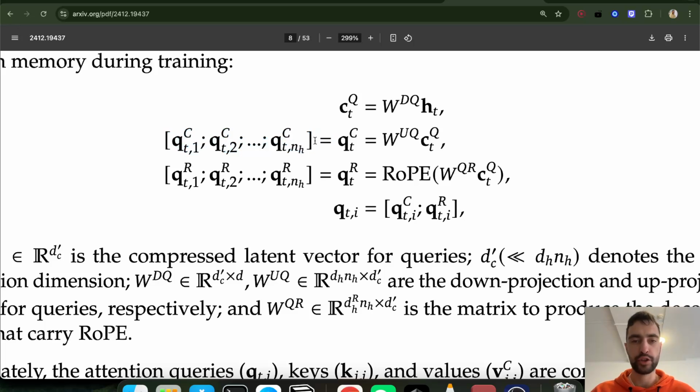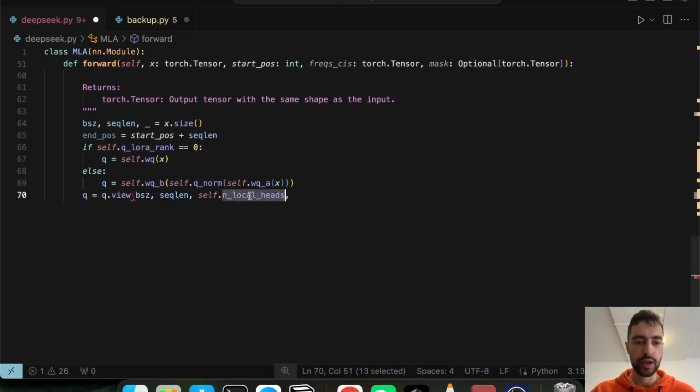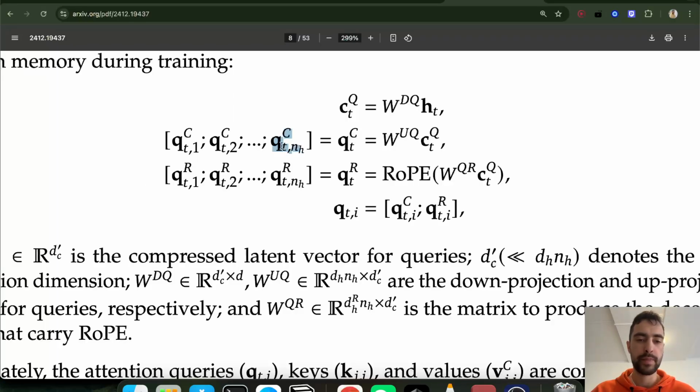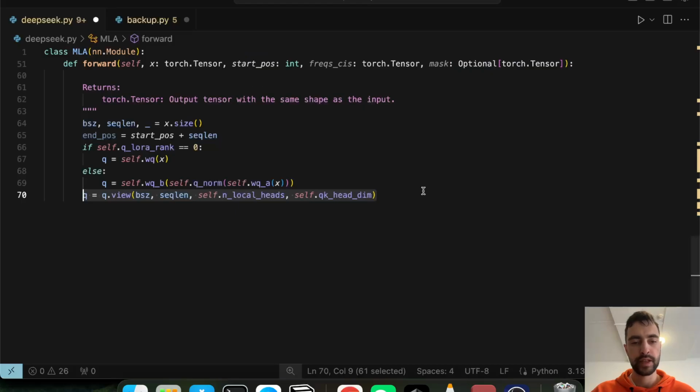So we will have two new dimensions instead of the last dimension. It will be number of heads and then length of each head, so number of local heads and head dimension. So that's how we made this vector.